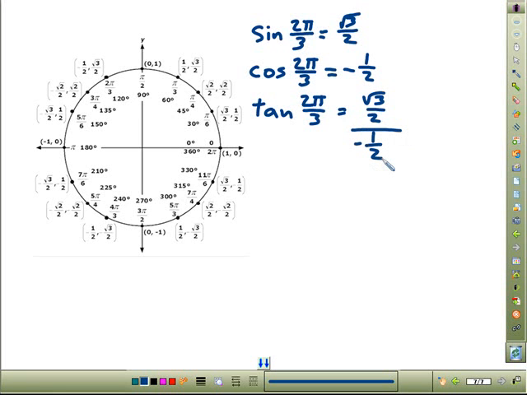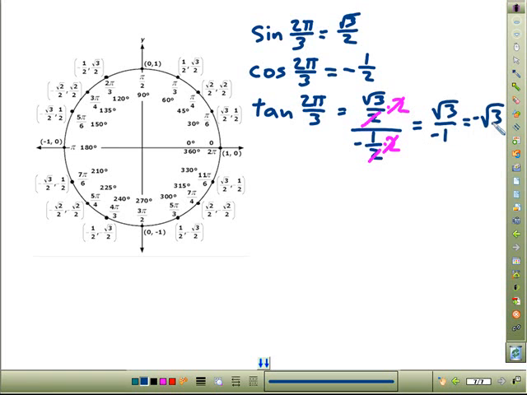One of the easiest ways to simplify a complex fraction like that is just multiply the top and the bottom by the denominator. In this case, the denominator is 2, so I'll just multiply the bottom by 2 and the top by 2. And what that does is it divides out these extra denominators. So now look what we have. Up top, we just have the square root of 3. And on the bottom, we have negative 1. So this is just negative square root of 3. And that's your answer there. Okay? Everybody see that? Any questions about that?